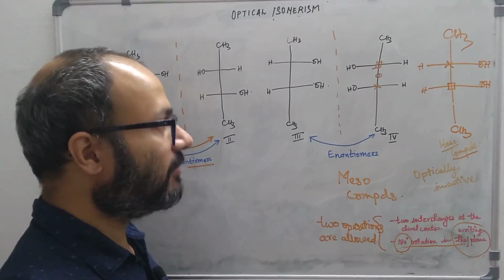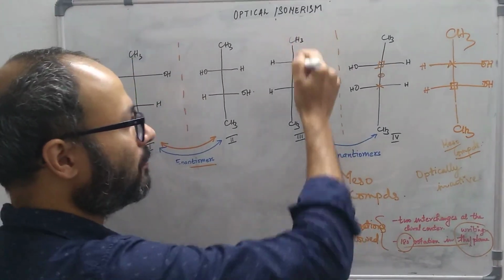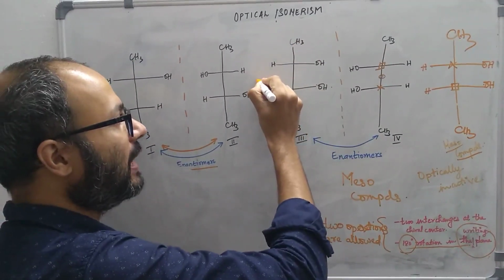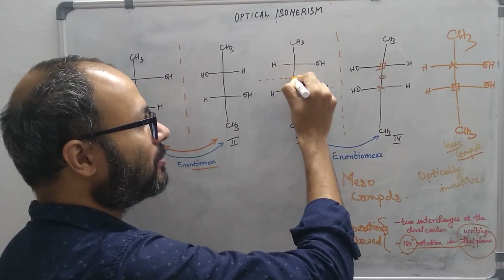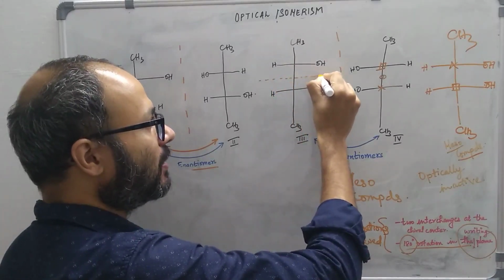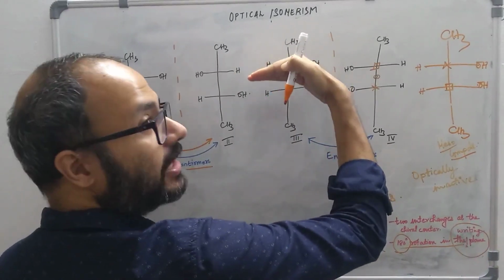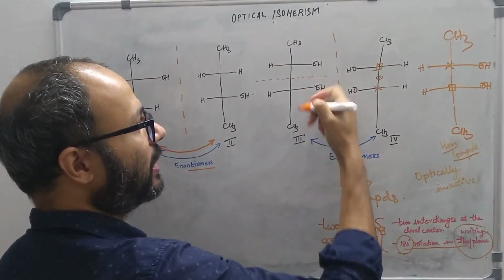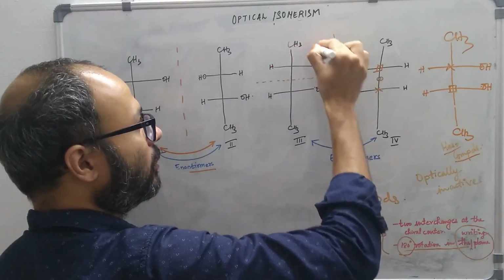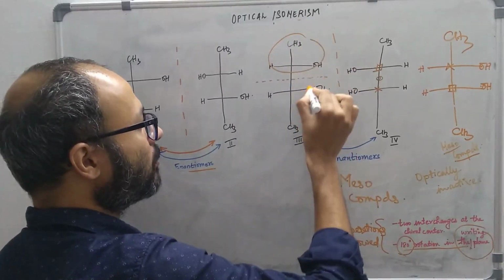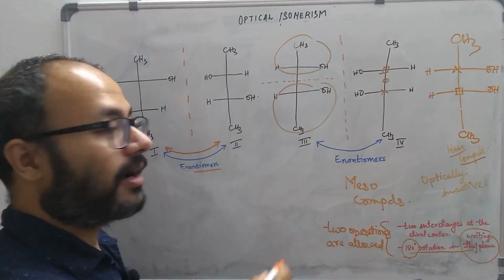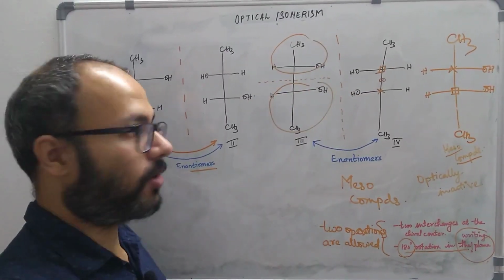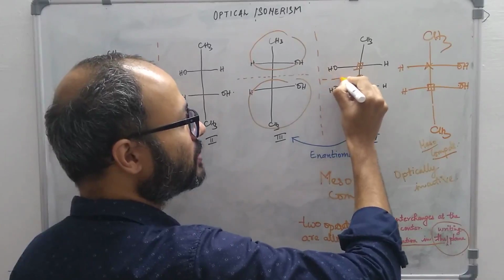Now they can be defined in another way also. Such compounds will have a plane of symmetry in the molecule. What do you mean by plane of symmetry? Suppose you pass a mirror through the center of this particular molecule, what do you see? This part of the molecule would be the mirror image of this part of the molecule. If you are able to draw such a mirror plane, in this molecule also, what do you see?